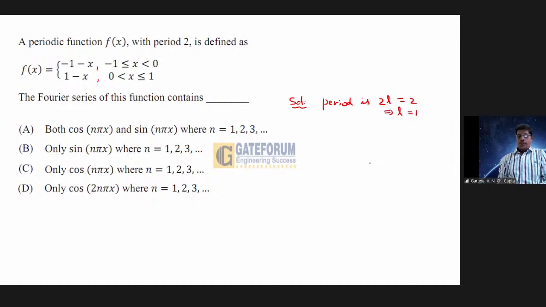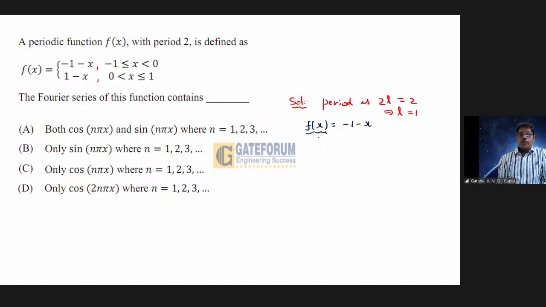Next, we can verify whether the given function in the interval minus L to L is an odd function or even function by an analytical procedure or graphical procedure. Here f of x is equal to -1 minus x.